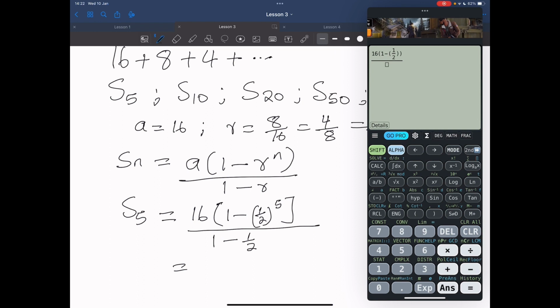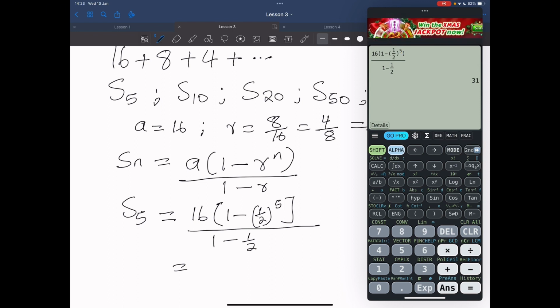Right, so we should close the small bracket and then divide by 1 minus the 1 over 2. Okay, so that is to the power of 5. We need to do this, so this is to the power of 5.